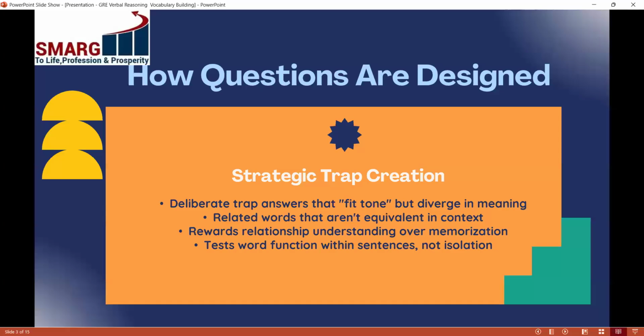Then what you have to look for? Understanding over memorization. This is something very important because we have been having our discussions on GRE, and one thing we have discussed recently is how I have memorized words, but then I'm forgetting them after a period of time.